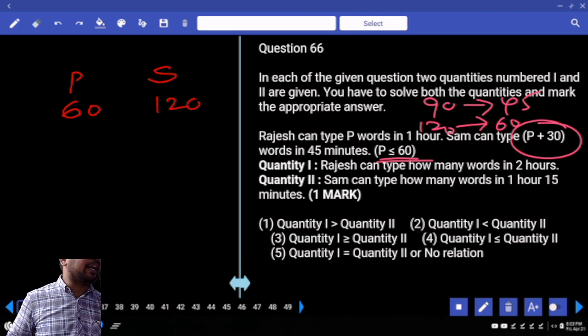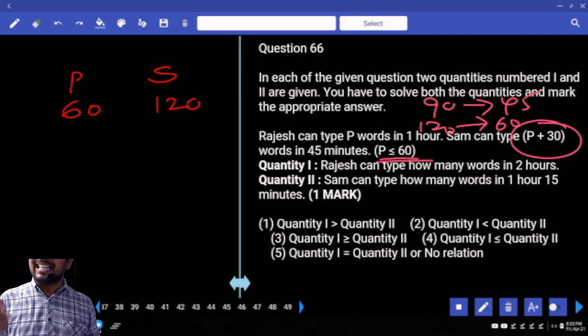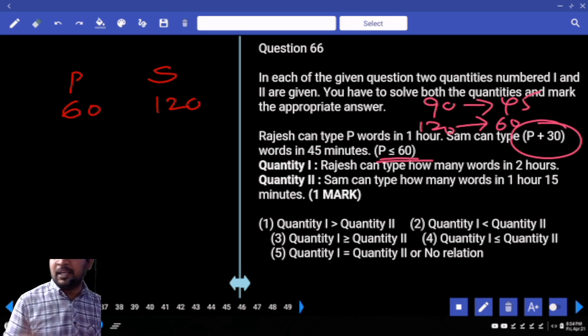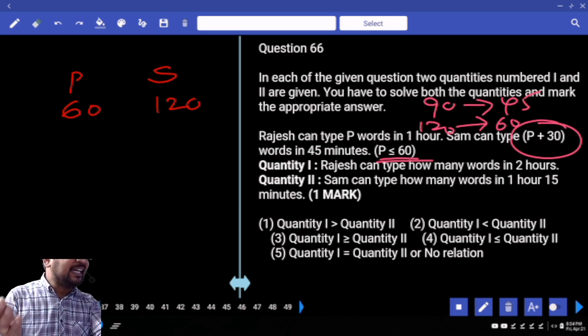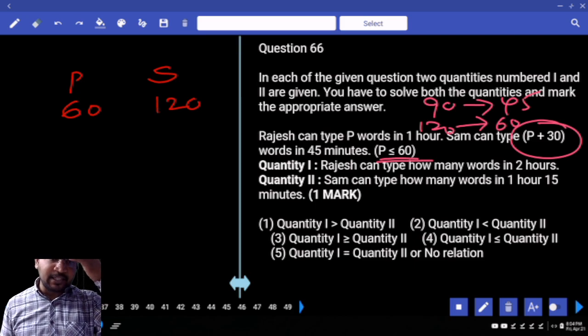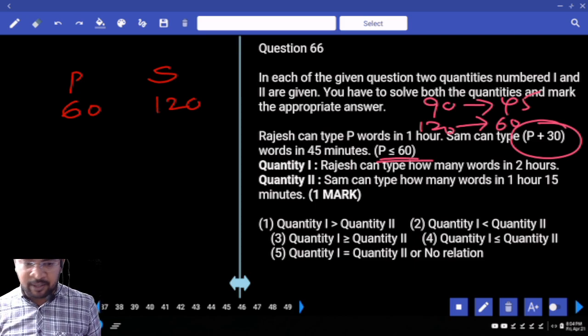Sir, why you are assuming as 60? Here P is less than or equal to 60. I am going to take 60. Are you clear, Nana? If P is 60, P plus 30 is 90. 90 words in 45 minutes, then 60 minutes, 120 words, na? Yes. Rajesh 60 words in 1 hour, Sam 120 words in 1 hour. Next, Nana, first quantity. Rajesh can type how many words in 2 hours?